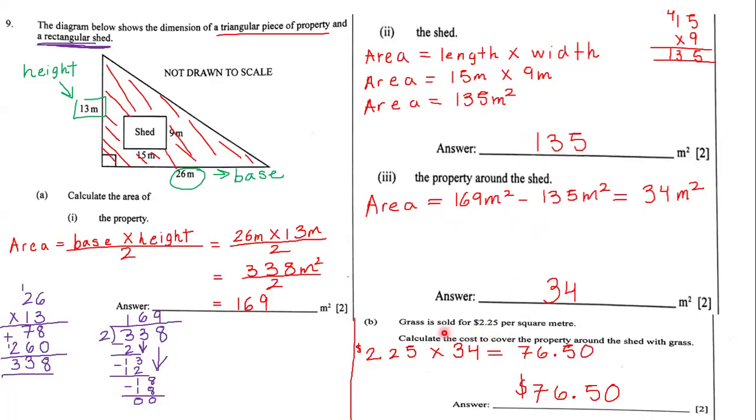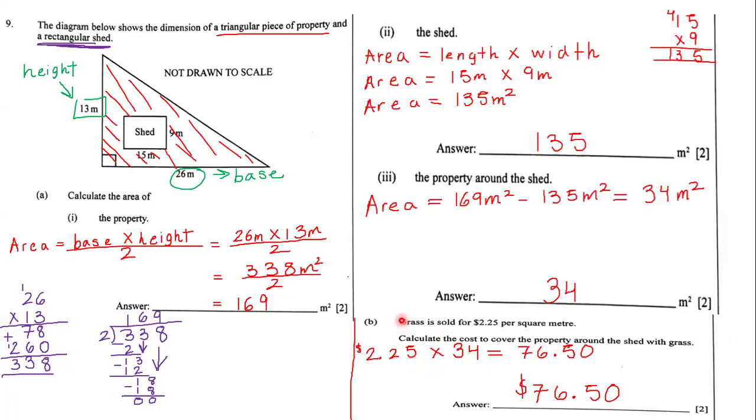And B. We have to do $2.25 times 35, and that equals 76.50. Very good. Why did we multiply it? You know why we multiply it?